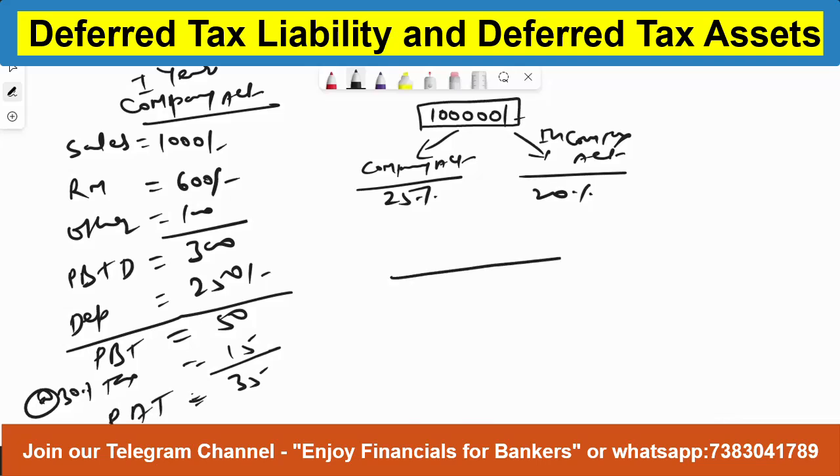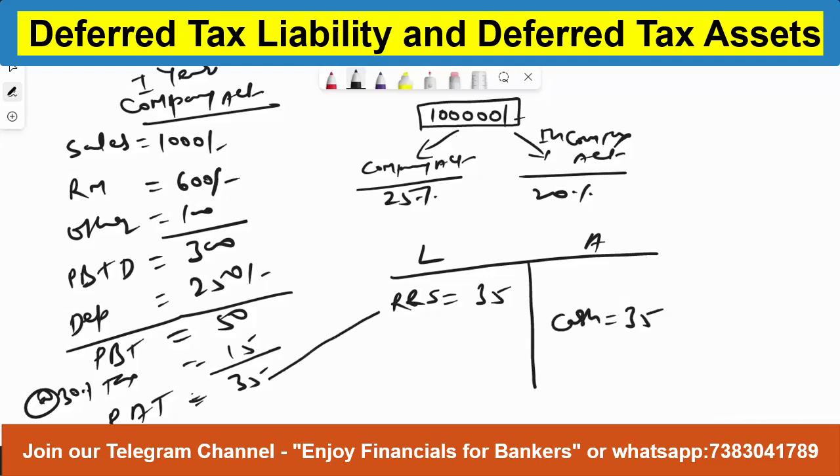Now, remember friends, in reserves and surplus it will reflect 35 rupees on the liability side, and on the asset side the cash will increase by 35 rupees because the profit has been transferred to the balance sheet. This is the position of 31 March 2023.